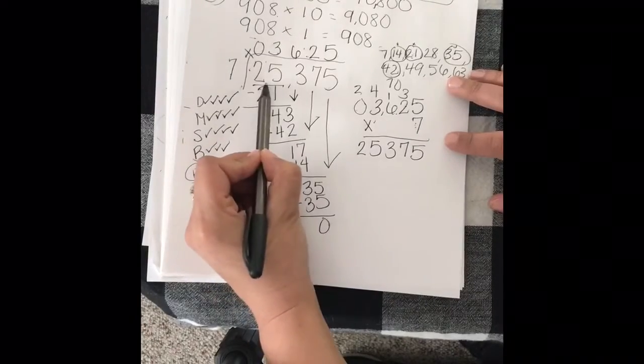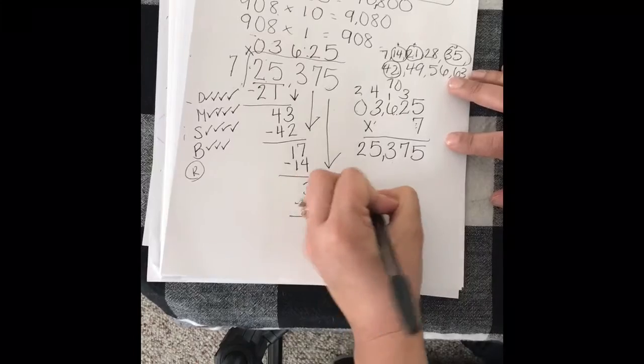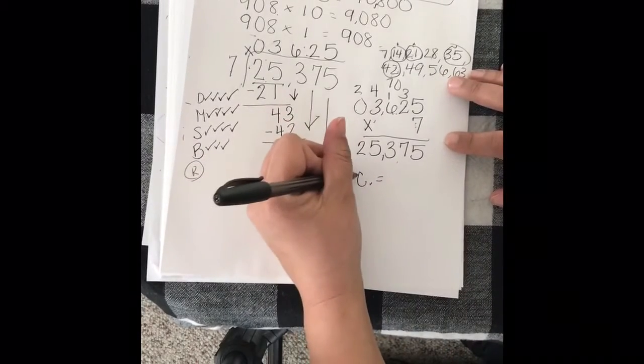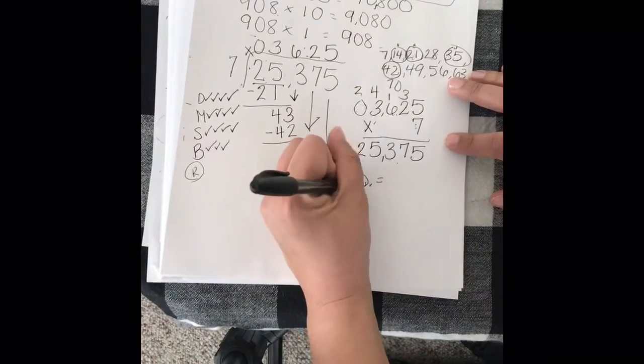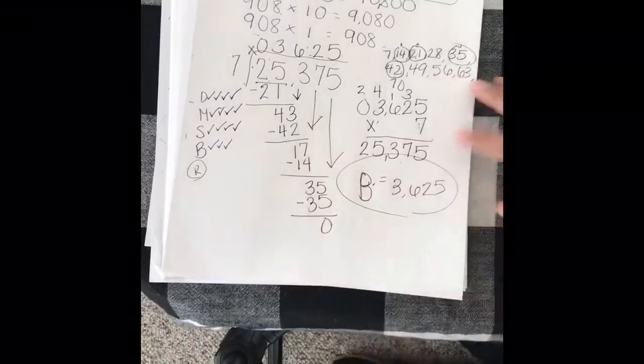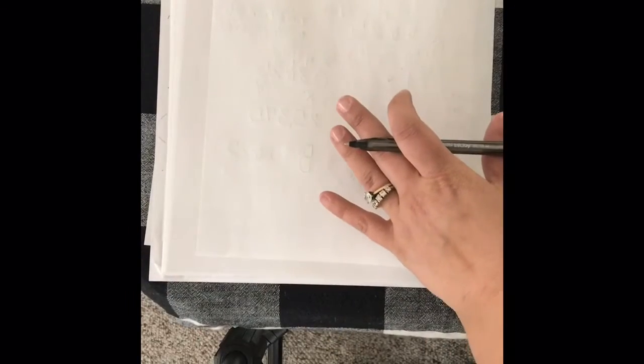So let's see, 25,375, yes. So we know our correct answer is, oh, I thought it was C. It's B. Sorry. B. 3,625.